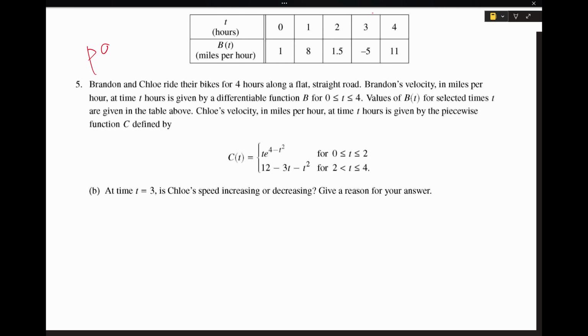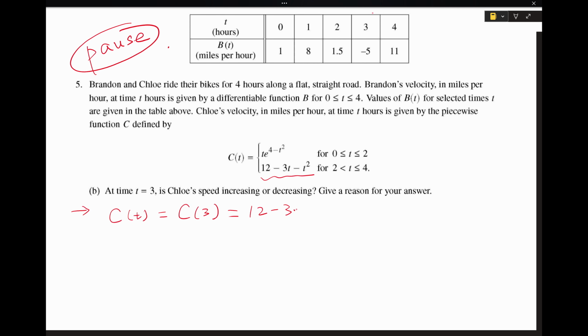Okay, first please pause to have a look at this question. Based on the information of the question, we can have the velocity at time t equals 3 to be c(3), which is equal to, using this expression, 12 minus 3 times 3 minus the square of 3, and the result is negative 6, which is smaller than 0.